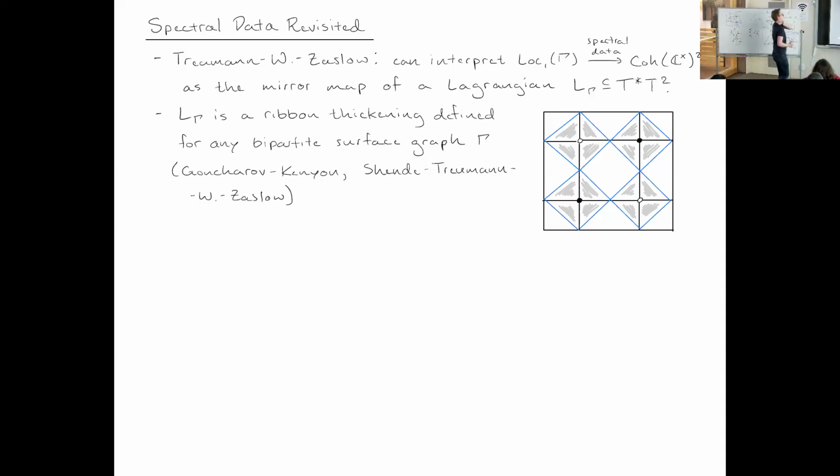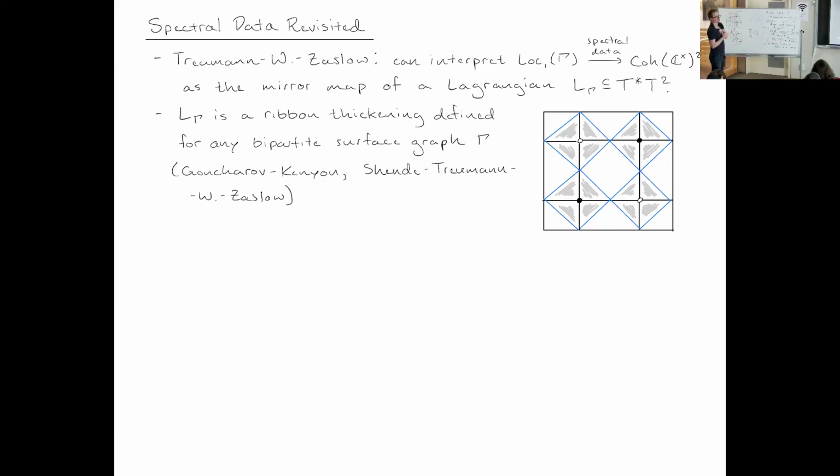So if you think of it formally, on the previous slide the result of the construction of the curve and the line bundle was a map from local systems on the graph to coherent sheaves on the algebraic torus.